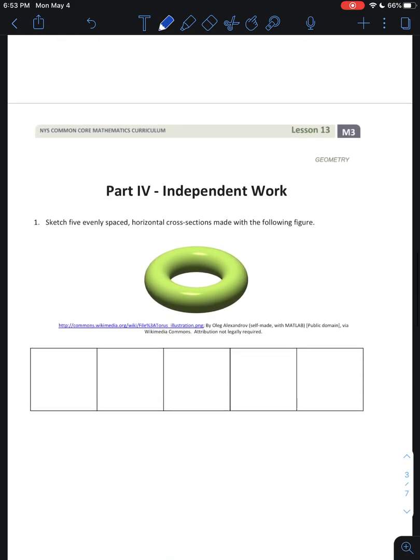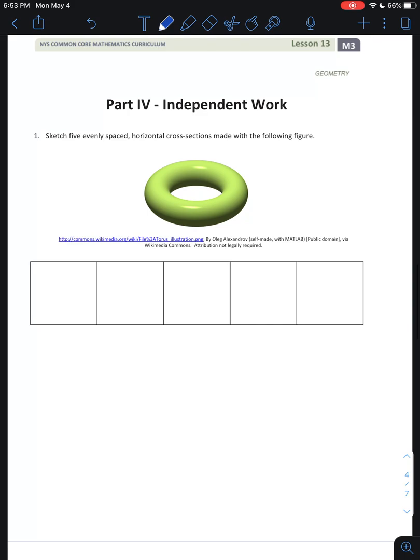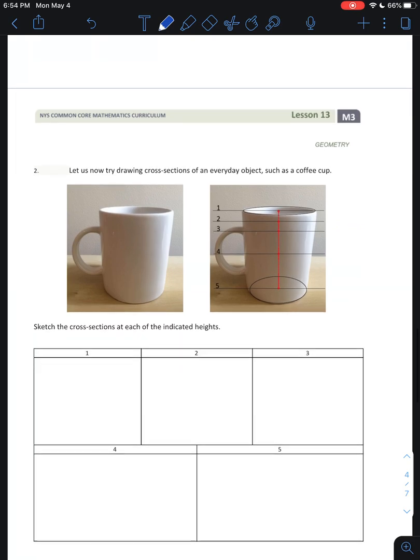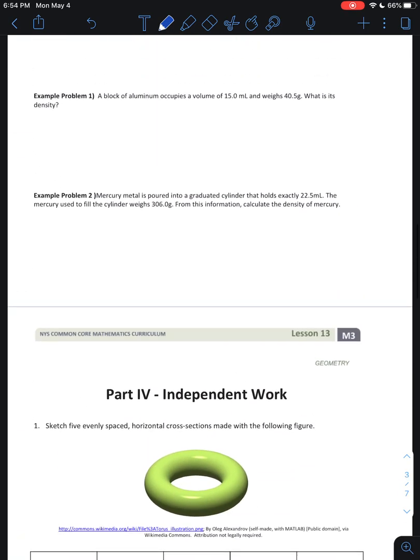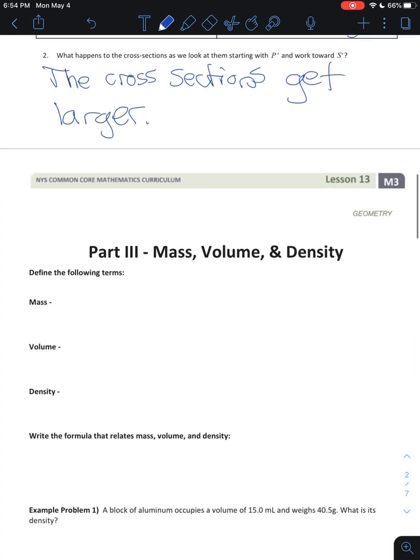Okay, so that's all for part 2 here. And when you end up doing your independent work down here for part 4, you'll see there are some problems that are similar to what we just did. So let's take a look at part 3 together.